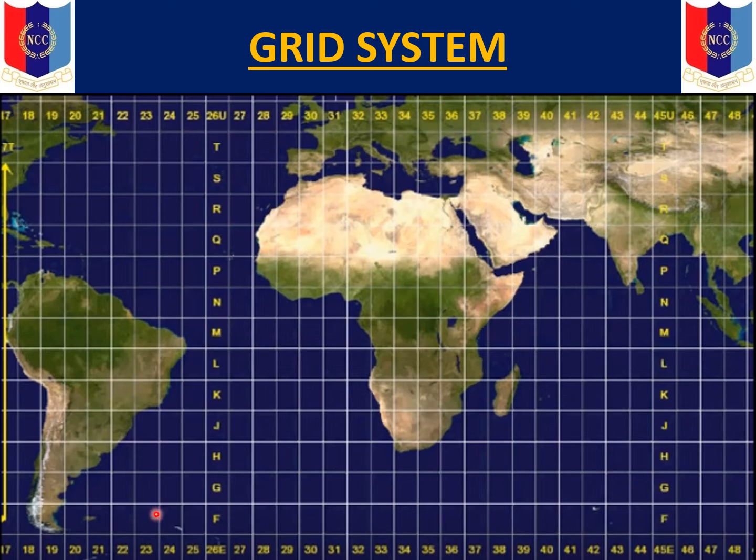Now here you see the entire grid system. Basically, if the globe has been flattened out, you see all these parallel lines. In terms of the globe, these lines are supposed to converge somewhere here at the true north and somewhere here at the true south, or south pole or north pole.